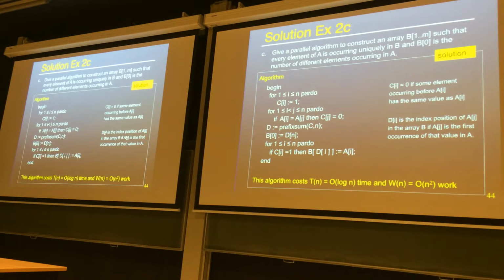So if Ci equals 1, then B of Di should equal A of i. And there you have, of course, your array of unique numbers.